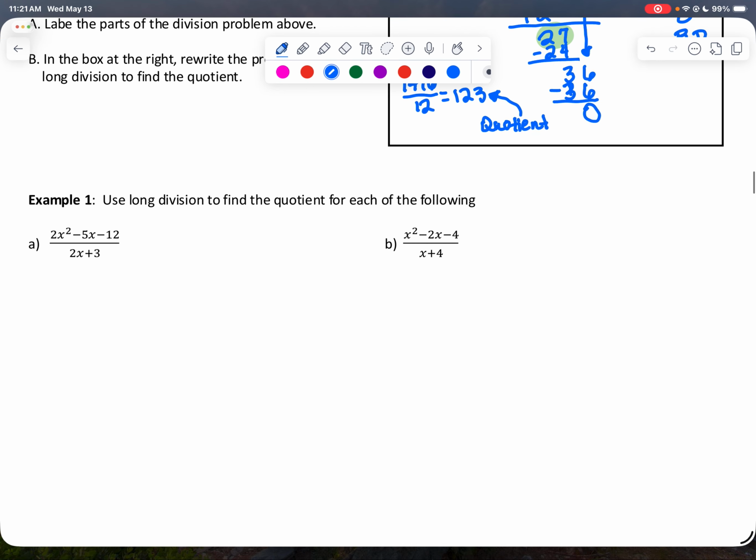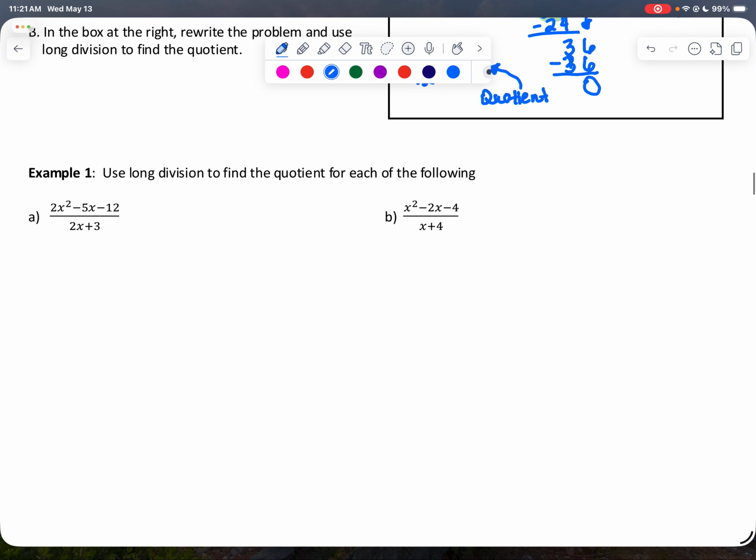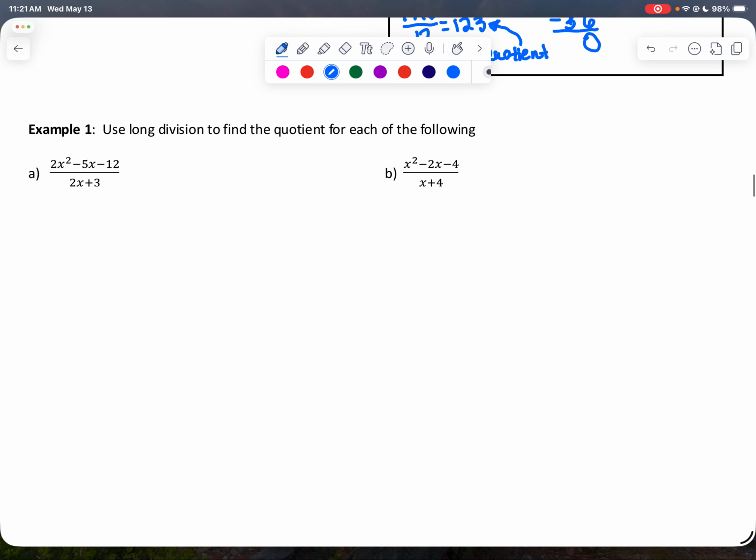So in problem 1, it says use long division to find the quotient for each of the following. And in problem A, we have 2x squared minus 5x minus 12 divided by 2x plus 3. So in this problem, our divisor is 2x plus 3, and we're dividing it into our dividend, which is 2x squared minus 5x minus 12.